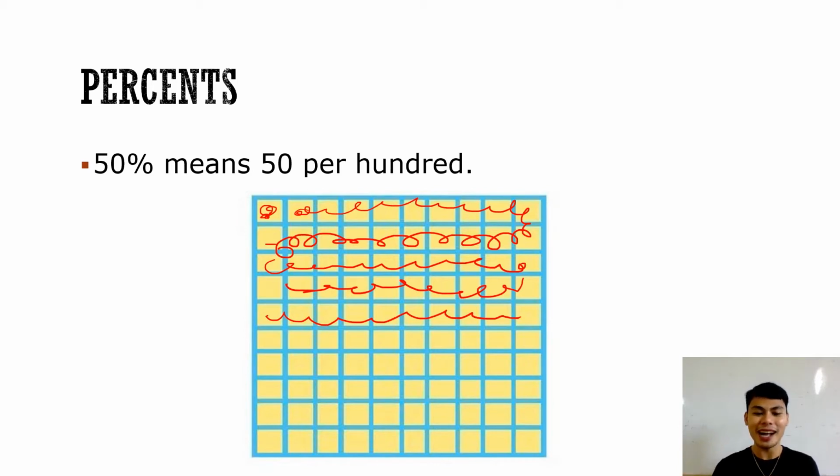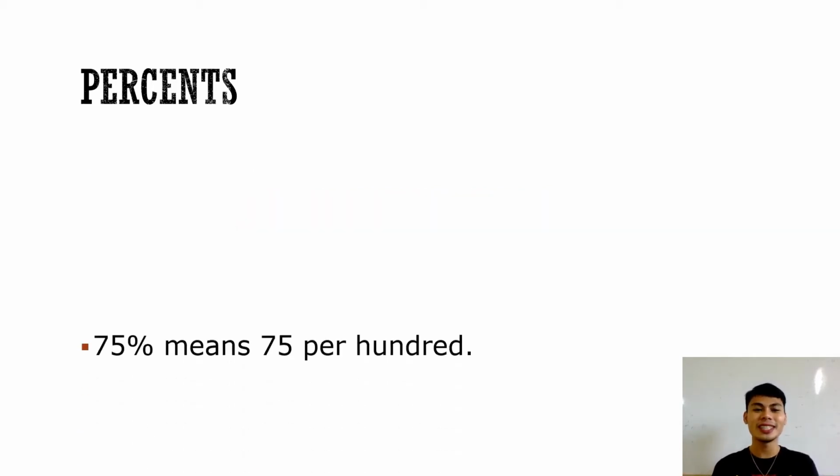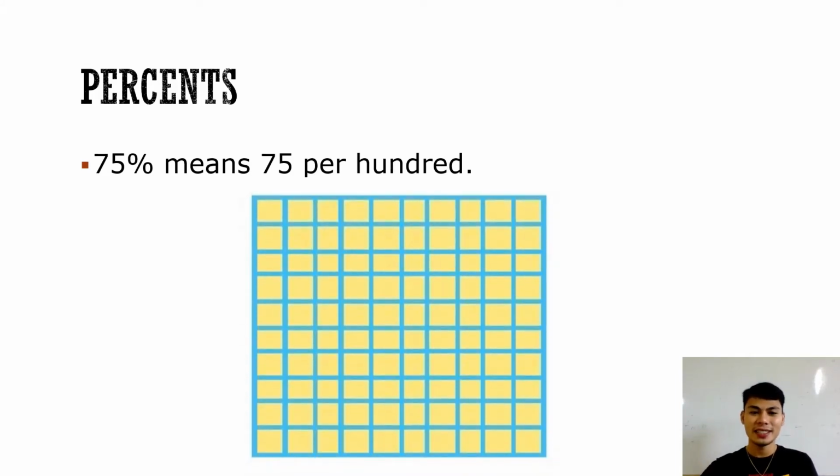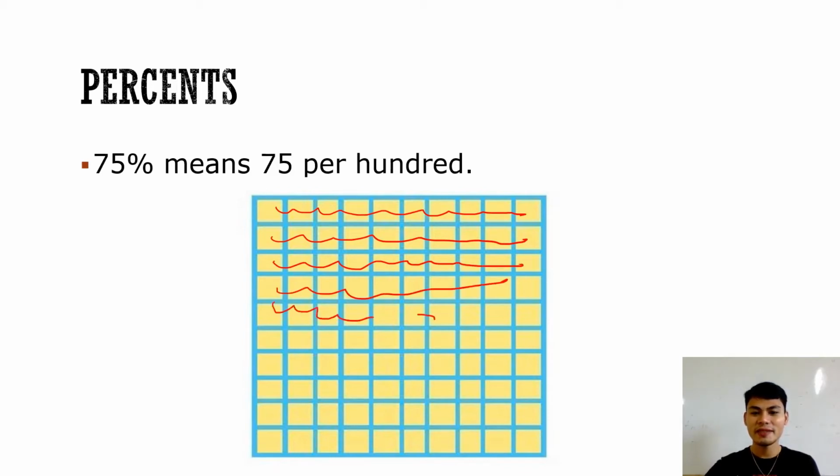We're talking about 100 here. 75%, of course, is 75 per 100, so I will shade 40, 50, 60, 70, 71, 72, 73, 74, 75.